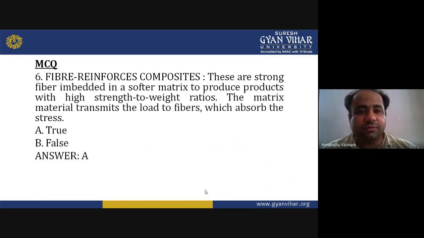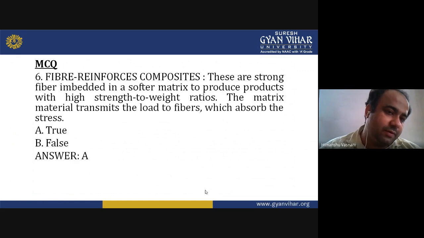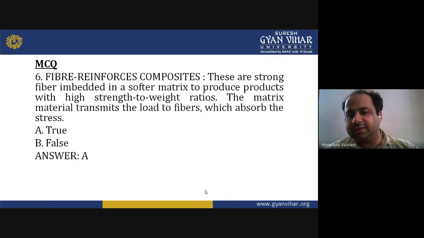Now, fiber reinforced composites. When you talk about fiber reinforced composites, these are strong fibers embedded in a softer matrix to produce products with high strength to weight ratios.